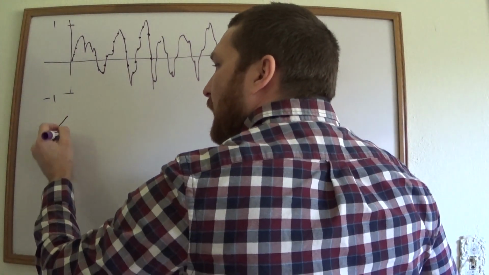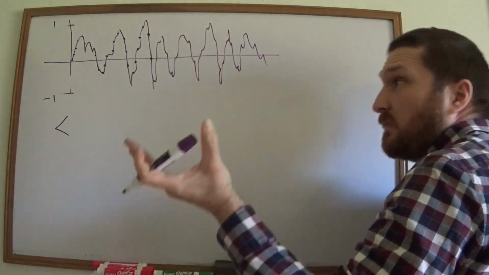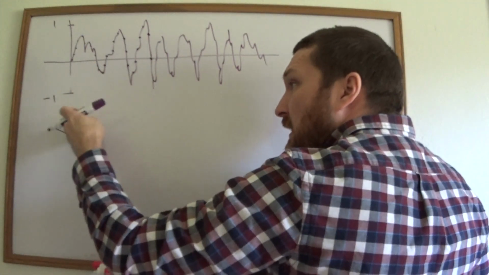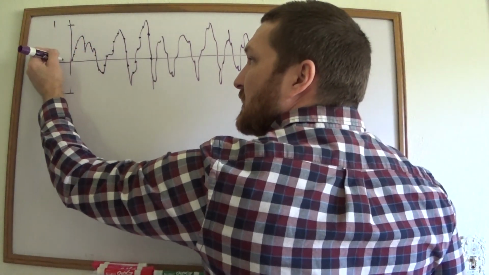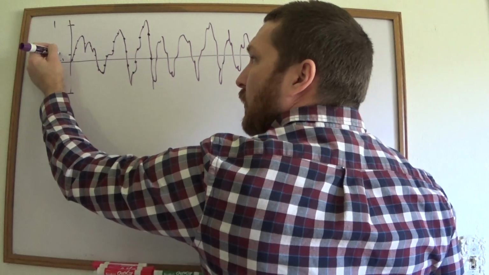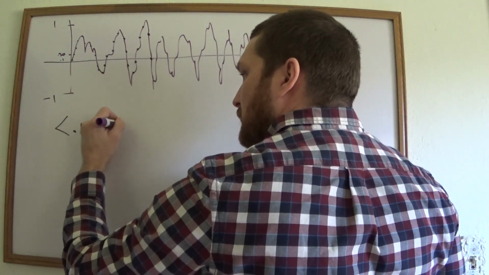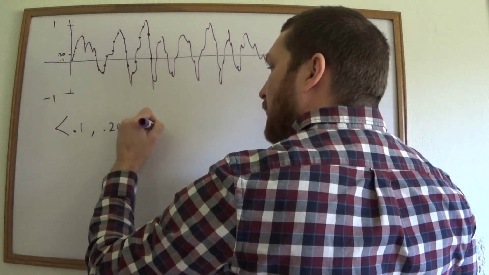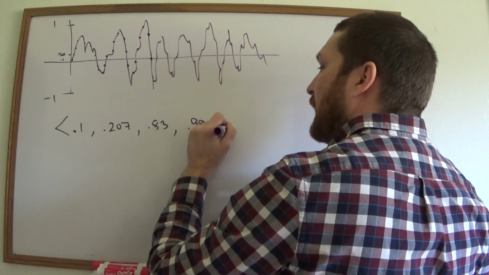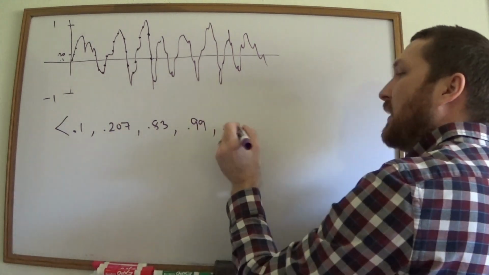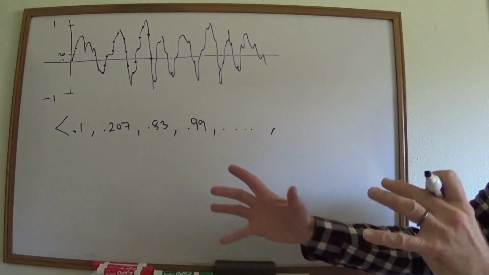A track of Beethoven's Ninth Symphony will just be a series of entries. Let's say this is 0.1, this is 0.207, then 0.83, 0.99, and so on and so forth, all the way until the final dun dun.